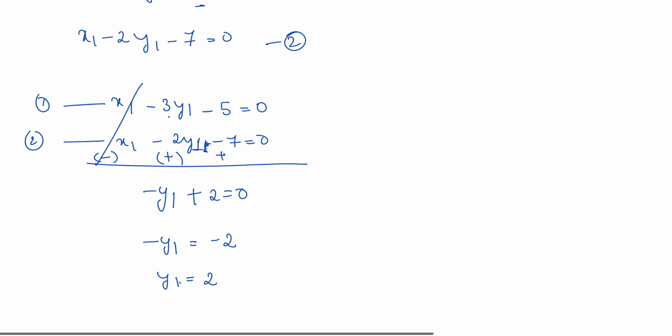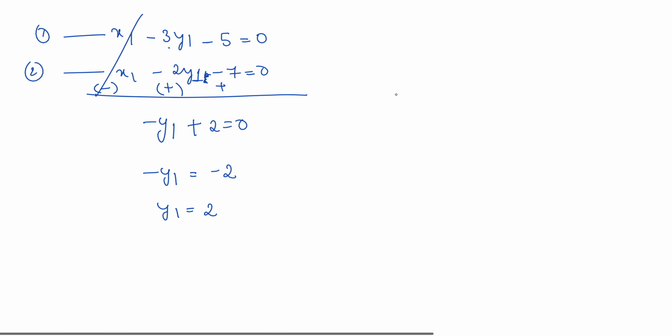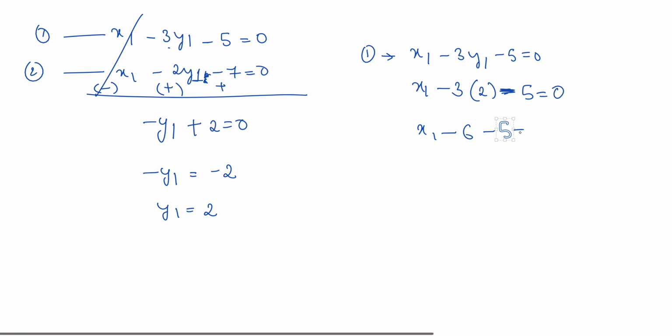Now let's substitute the value of y1 in any one equation and find out x1. So let's substitute in the first equation. x1 minus 3y1 minus 5 is equal to 0. Now x1 minus 3 times 2, since y1 is 2, minus 5 is equal to 0. x1 minus 3 times 2 is 6, minus 5 equal to 0. x1 minus 11 equal to 0. x1 is equal to 11.